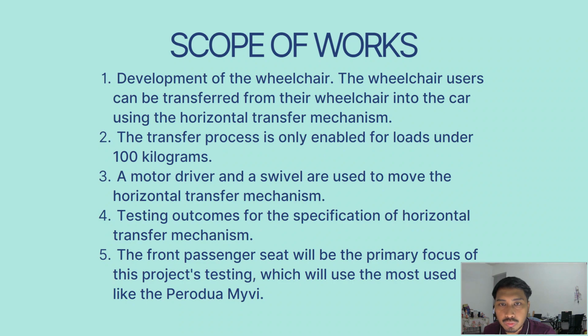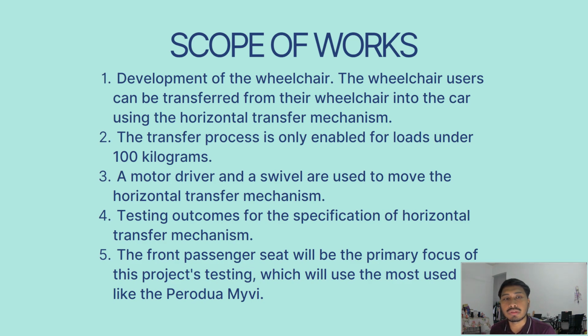For the scope of work, there are 5 main elements that we need to focus on, and at the same time, these 5 elements show the project limitations that we need to consider. The first one is development of the wheelchair. Wheelchair users can be transferred from their wheelchair into the car using the horizontal transfer mechanism.